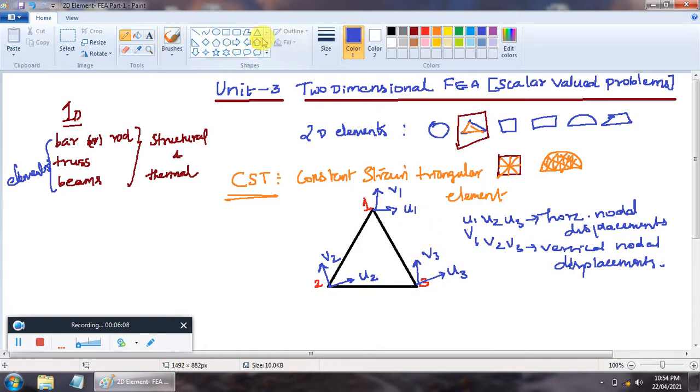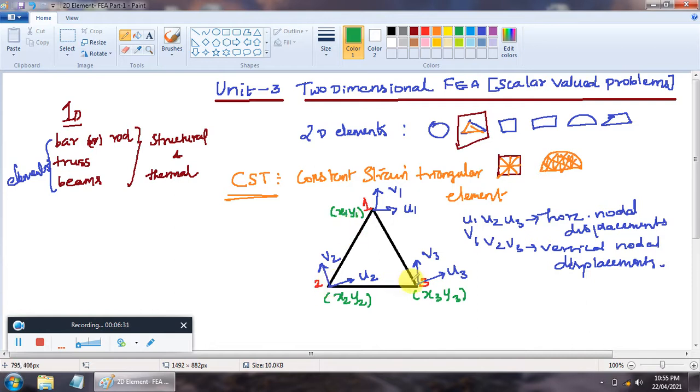When you consider a triangle, it has three vertices, so obviously it will have coordinates. Let the coordinates at node 1 be x1, y1, at node 2 x2, y2, and at node 3 x3, y3.